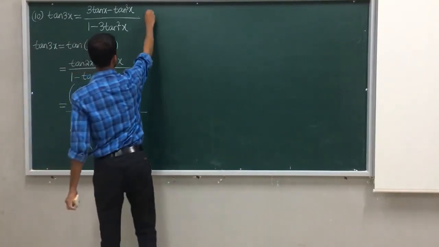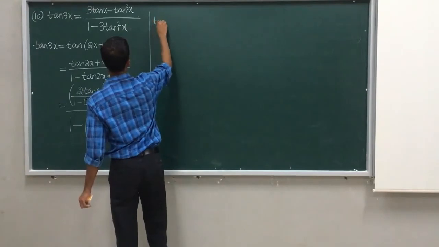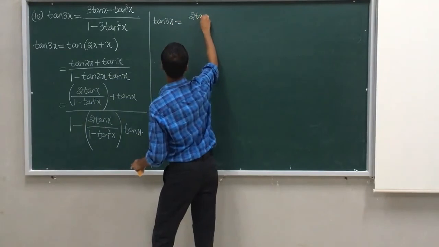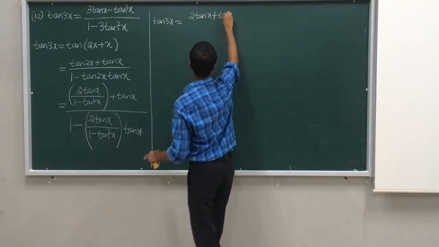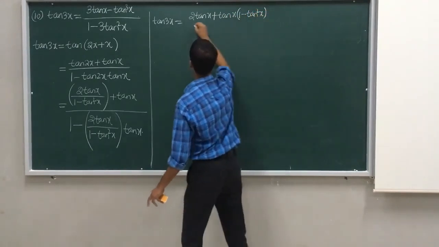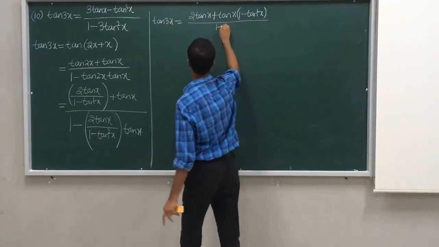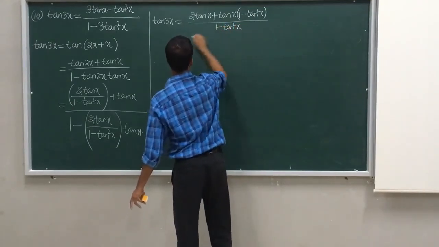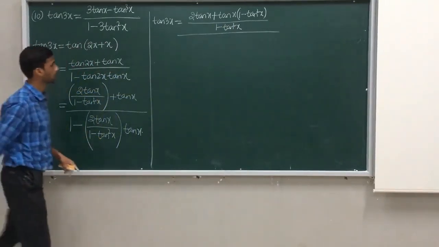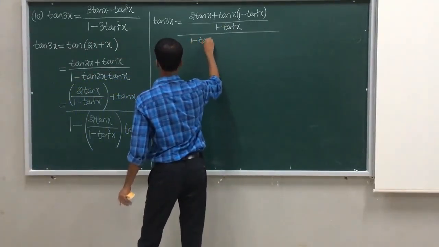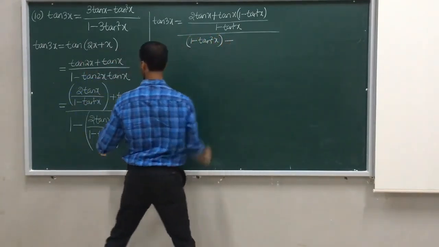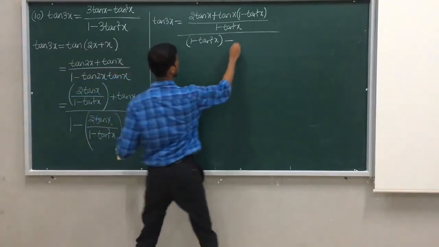Now tan 3x is equal to, here I will take the LCM: 2 tan x plus tan x times 1 minus tan square x, divided by 1 minus tan square x, whole divided by, and here you should take utmost care, take the LCM, so this becomes 1 minus tan square x minus 2 tan x into tan x, which is 2 tan square x.